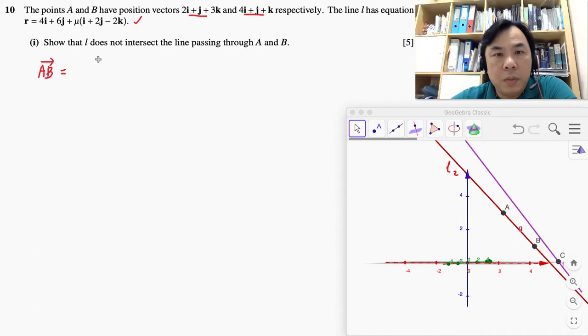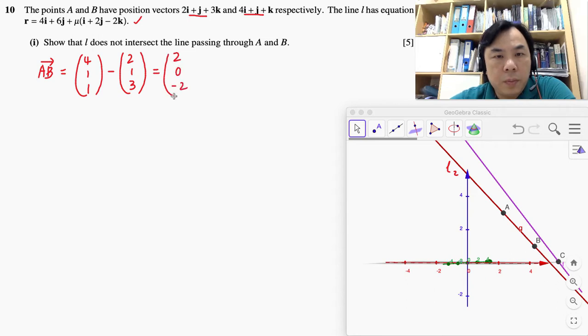AB is given by OB minus OA, where OB is 4, 1, 1 and OA is 2, 1, 3. So we have 2, 0, negative 2. This relative vector AB will be used as the direction for this line L2.